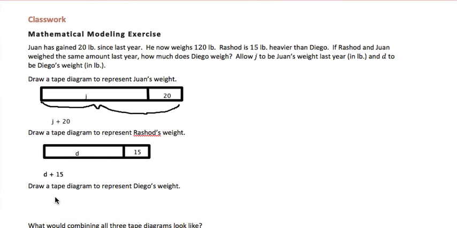Finally, we need a tape diagram to represent Diego's weight. And that tape diagram will simply be the same size as the D in Rashad's weight because that represented Diego's weight.